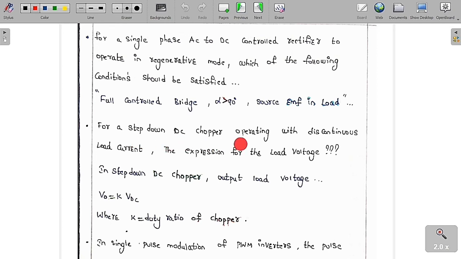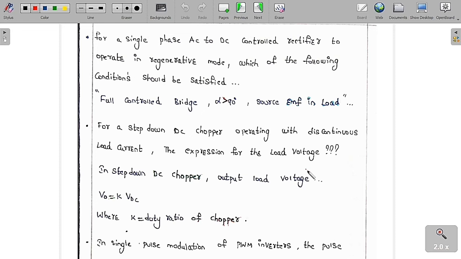For a step down DC chopper operating with discontinuous load current, what is the expression of the load voltage? I have already told you whether it is a discontinuous conduction or a continuous conduction. For continuous conduction, V naught average is equal to D into VDC.